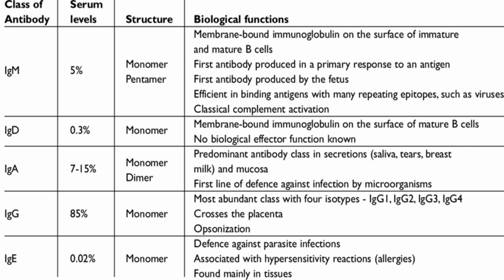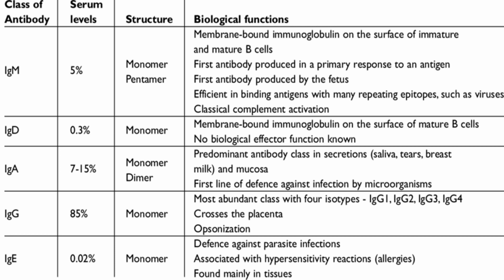Now this slide is a brief review of all types of immunoglobulins we have discussed so far, and their serum levels. You can see the highest concentration of the immunoglobulins present in circulation, that is 85%, is IgG. Then we have 15% IgA in circulation.